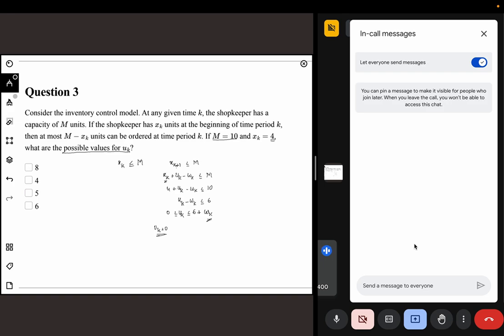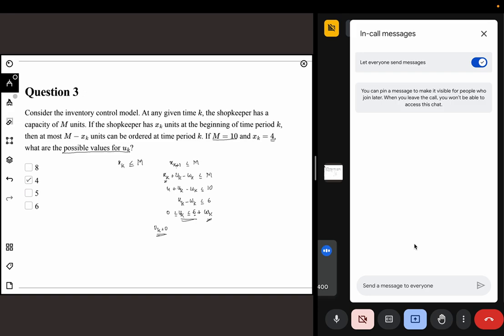So you can always choose 6 also, but again the problem here is we do not know the actual value of WK. That's why we are asking what the different possible values of UK are that you can choose. Based on this, what values can you choose? It cannot be 8 for sure, because UK has to be less than or equal to 6 plus something.